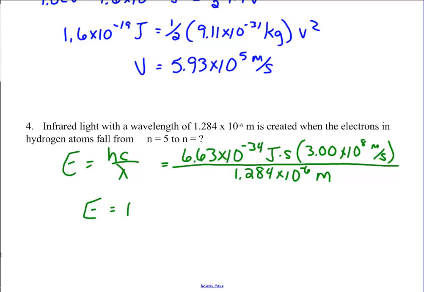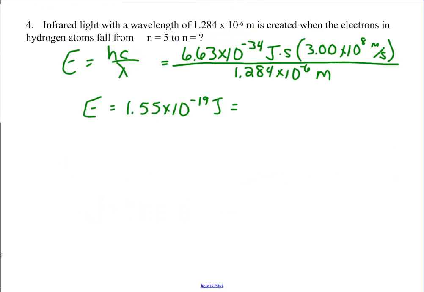We get 1.55 times 10 to the negative 19 joules. Now, remember we said if energy is positive, we have to make that 2.178 value positive also. So we're going to remember to do that. And this is our change in energy for the electron.